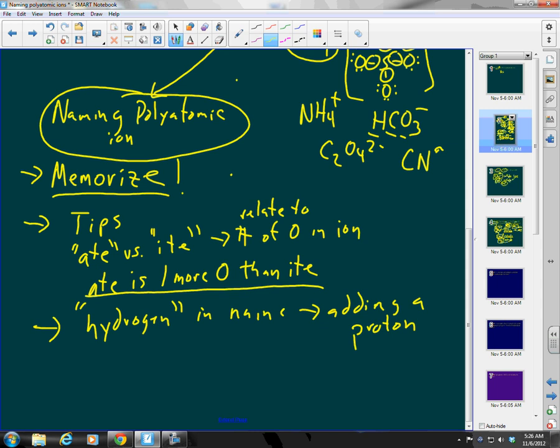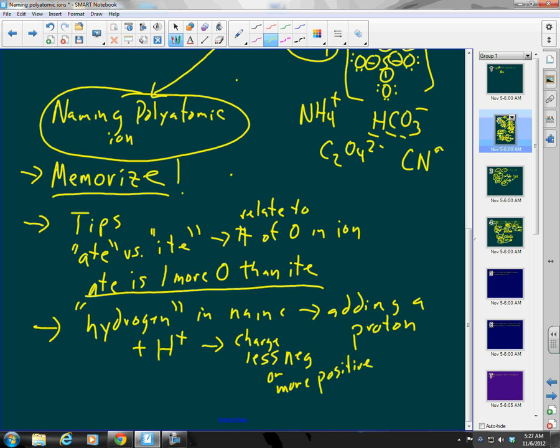Right? And what is a proton? A proton is an H plus. So when I add an H plus, what's going to happen to my charge? By adding the H plus, my charge will move in the positive direction. So the charge becomes less negative or more positive.